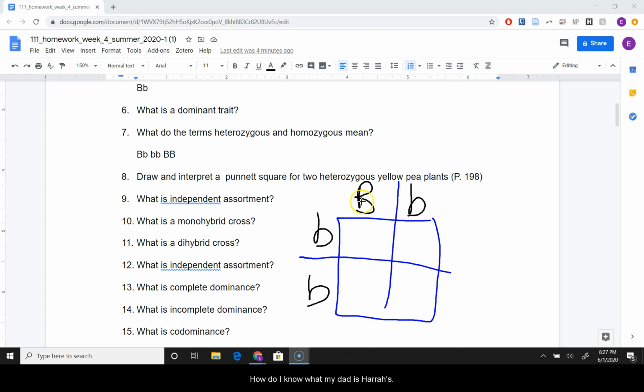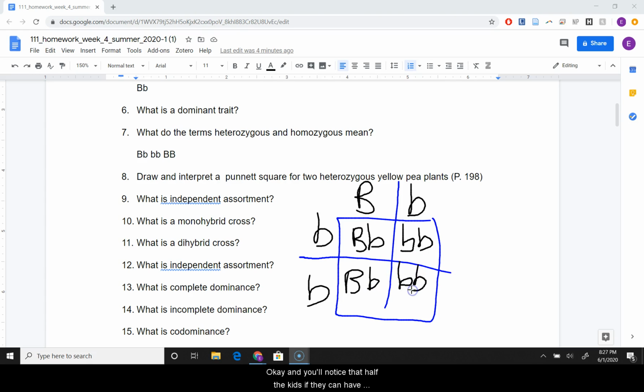And I know my dad is heterozygous because I have blue eyes, and assuming my dad is my dad, he has brown eyes and at least one little b allele because he had me. So let's look at the different combinations of children my parents could have had.